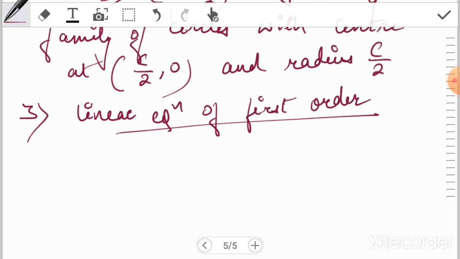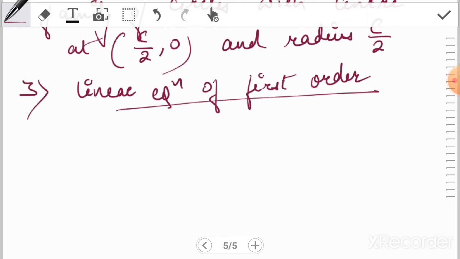So first of all let us see how we can differentiate between linear and non-linear differential equations.